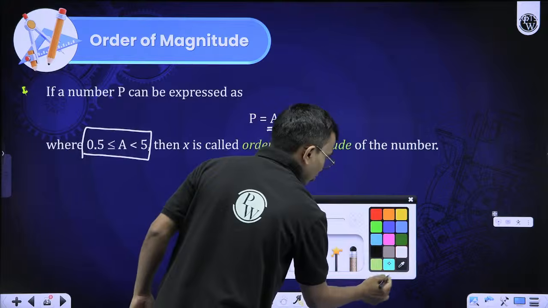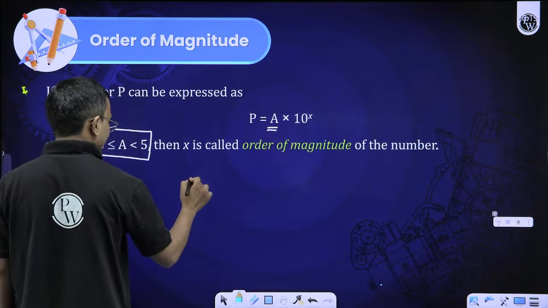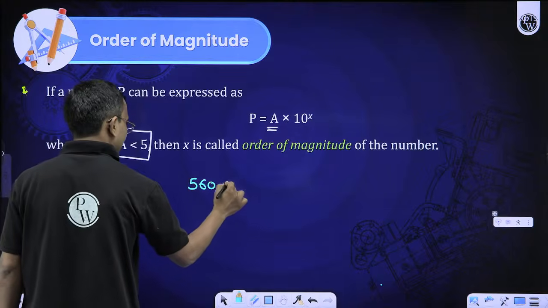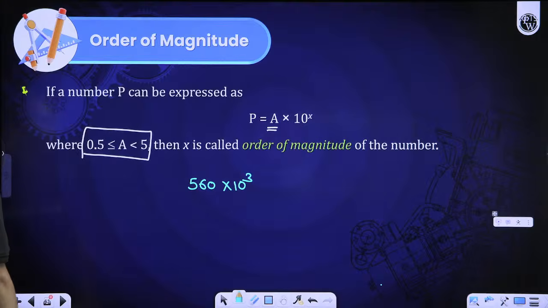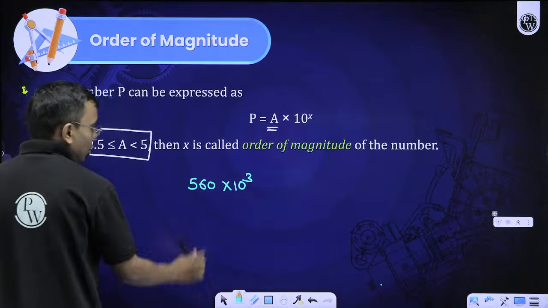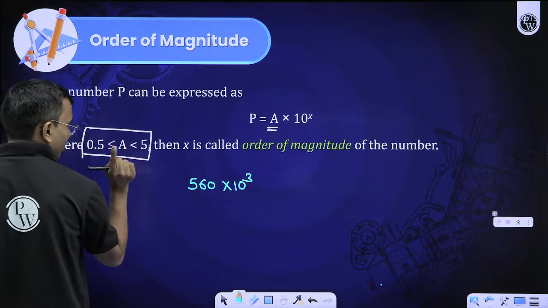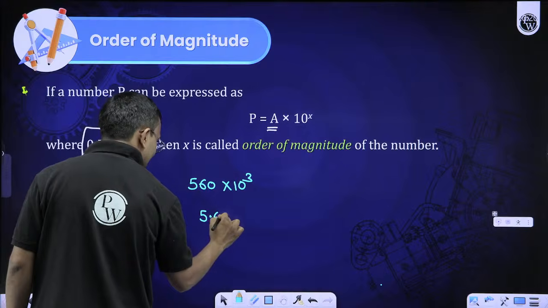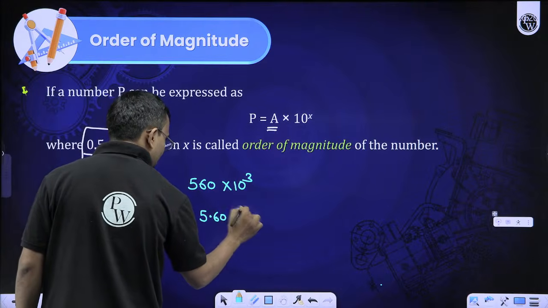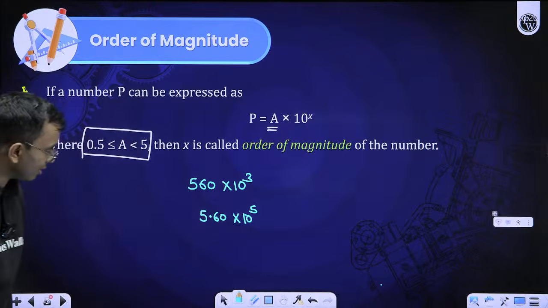Let us take some numerical value as 560 into 10 to the power 3. Now somebody asks you, find the order of magnitude. So first of all, you will convert this to between 0.5 and 5. If you write it 5.60 into 10 to the power 5, yes, it will become 10 to the power 5 like this.